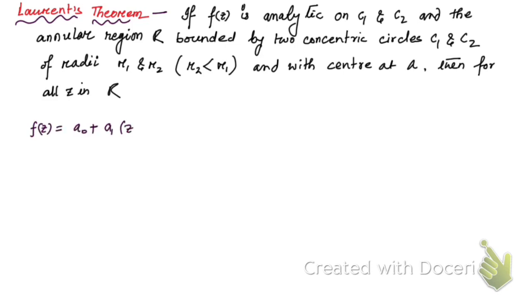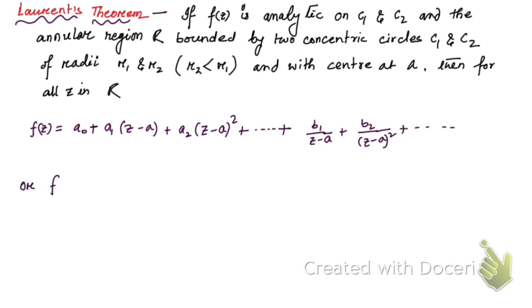Let me write that series first. So this is the series that we are going to obtain, that the function f of z can be expanded. You can write it this way as well as in this way, using summation.